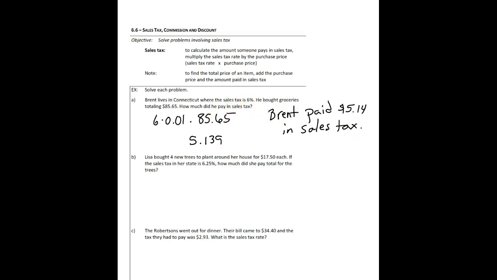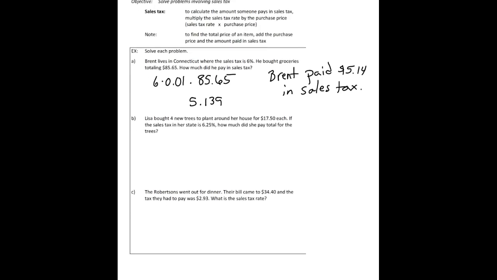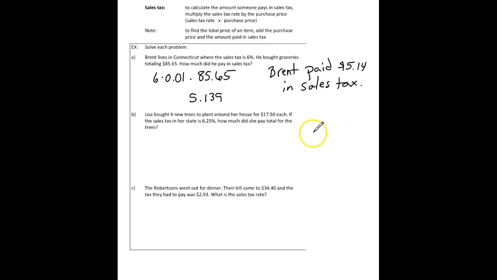Okay. The next one, Lisa bought 4 new trees to plant around her house for $17.50 each. If the sales tax in her state is 6.25%, how much did she pay total for the trees? Well, this one's going to involve a little extra calculation. So first, we know that she bought 4 trees and it was $17.50 each.